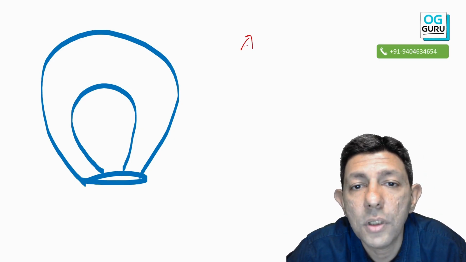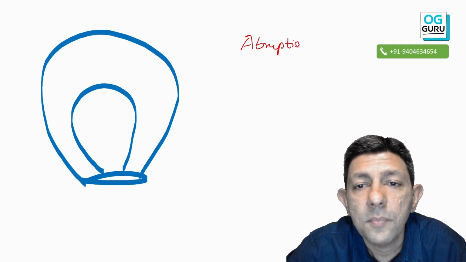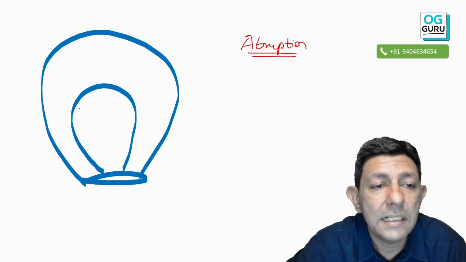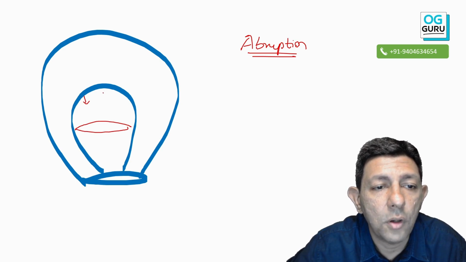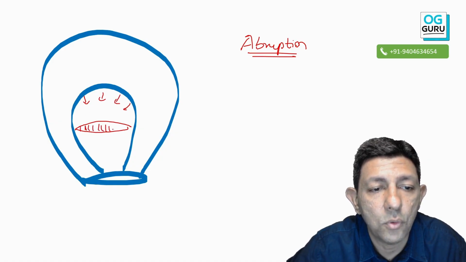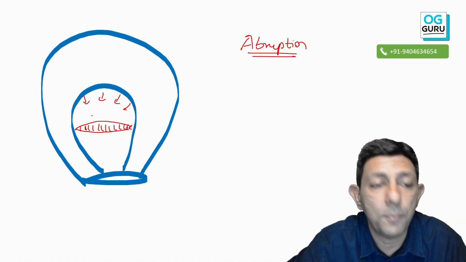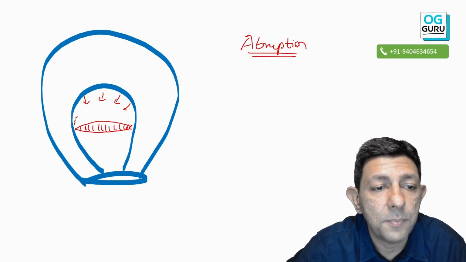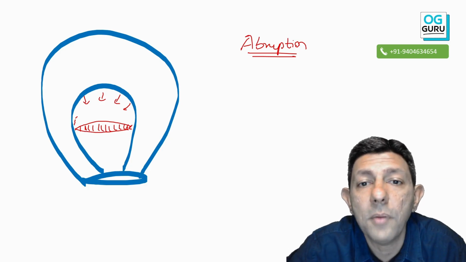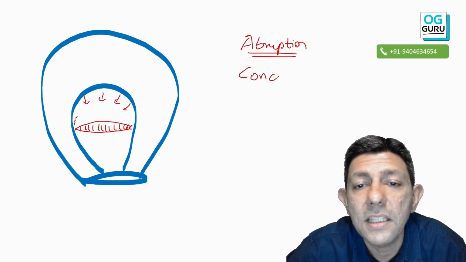In abruption, the placenta has detached from its normal position, while the baby is still inside the uterus. That is abruption. And now suppose this placenta is blocking the blood from coming out. So it is seen in concealed abruption.